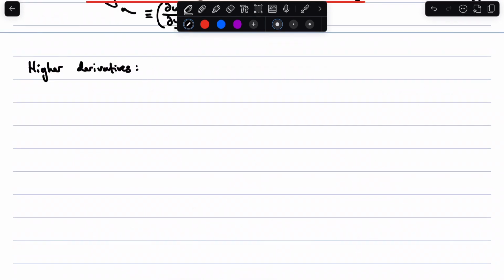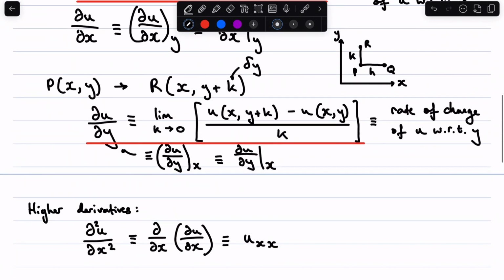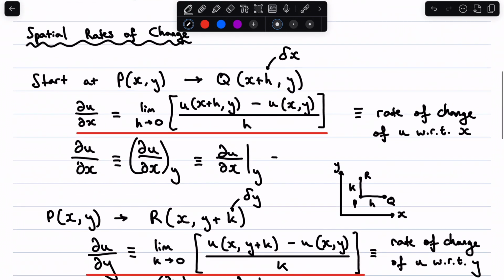Of course, we can also consider higher derivatives, so if we were going to take a double partial derivative of u with respect to x both times, we have d squared u by dx squared. That will equal partial d by dx of partial du by dx. I avoided naming this other notation, but you can write this as u with subscript xx, and obviously before that, this would also be u_x and this will be u_y.